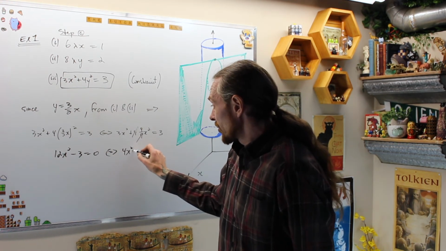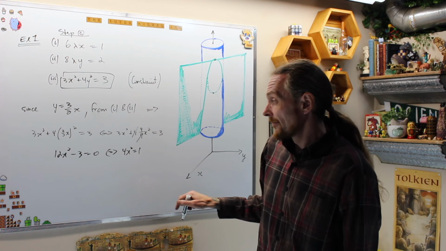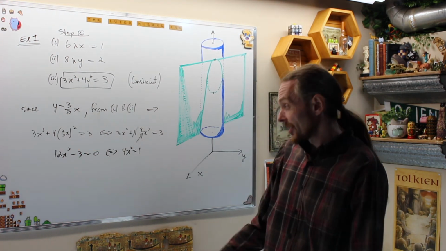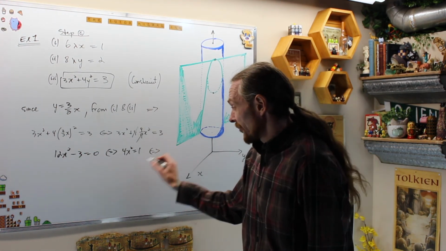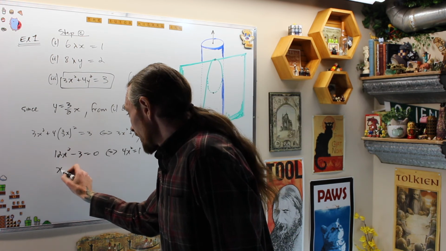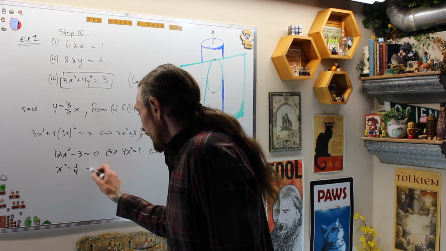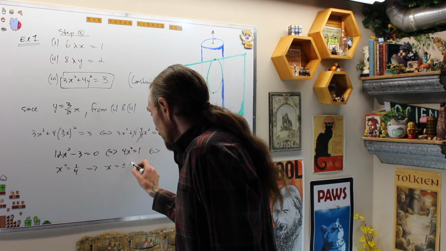I get 4x squared equals 1. And then we're at least solving a quadratic. X squared is equal to 1 over 4, or x is equal to plus or minus 1/2.